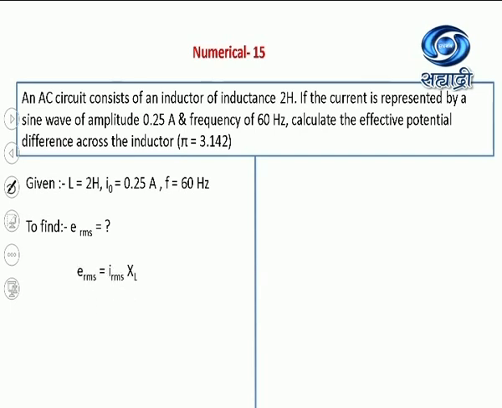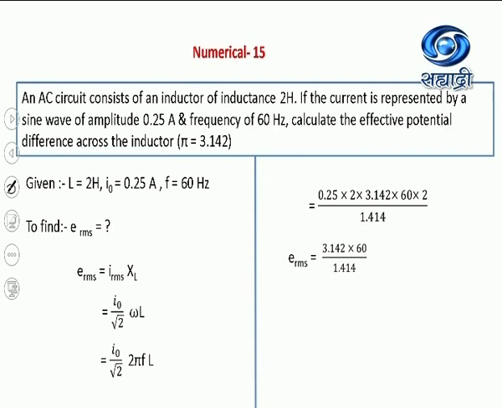Now the RMS value of the EMF is given by the RMS value of the current into inductive reactance. RMS current will be I naught upon root 2 and inductive reactance XL is omega L. So I naught upon root 2 and omega is 2 pi F into L. Let us substitute: I naught is 0.25 into 2 pi, F is 60, self-inductance is 2, divided by root 2, which is 1.414.